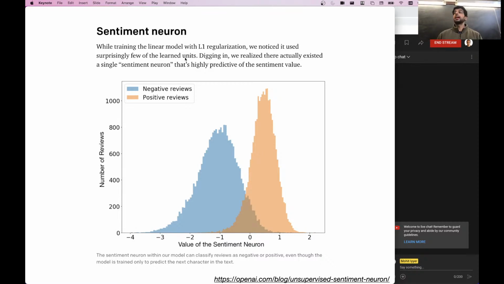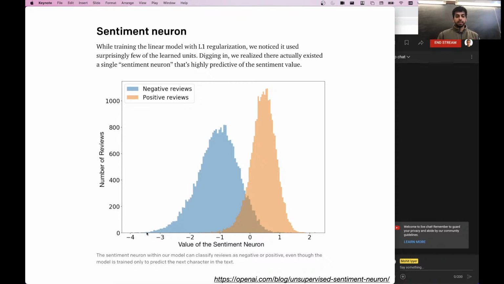Once they looked further at the neurons, the actual dimensions of the hidden state contributing to the sentiment prediction, they found one neuron in particular, which they called the sentiment neuron, that seemed very sensitive to the sentiment of the sentence.